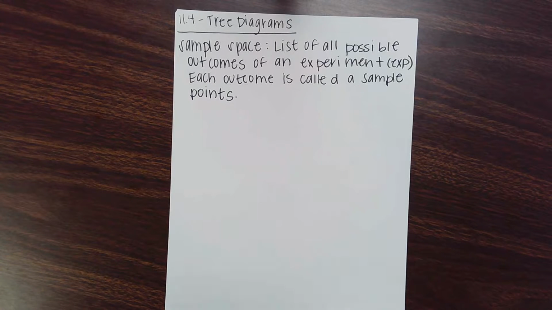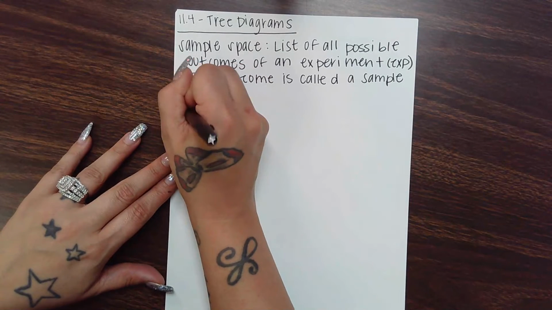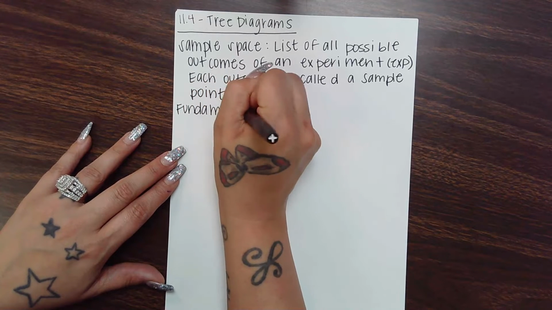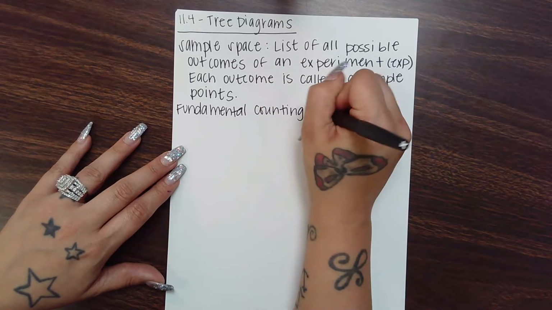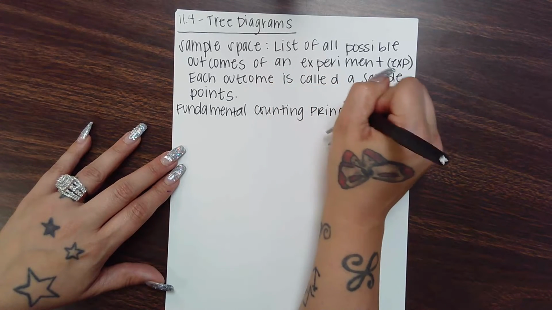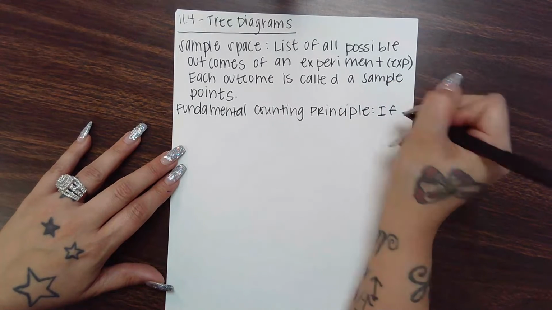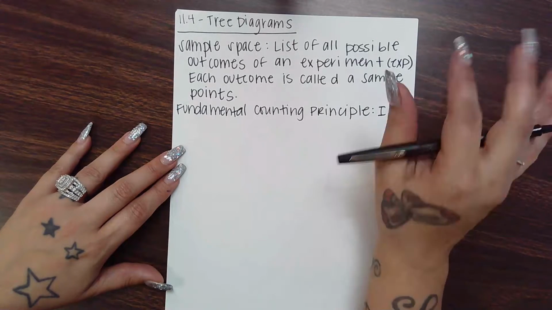Okay, so we have this principle that you pretty much use at the beginning of every problem on the homework. It's called the fundamental counting principle. And the wording might seem weird, but the math that it takes to start these problems is very, very, very simple, okay?